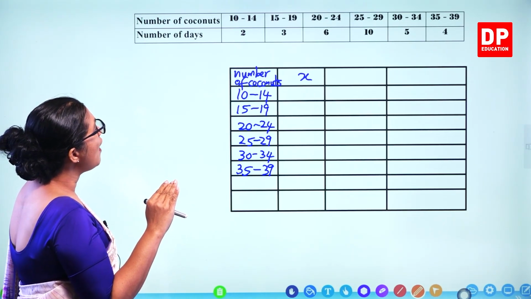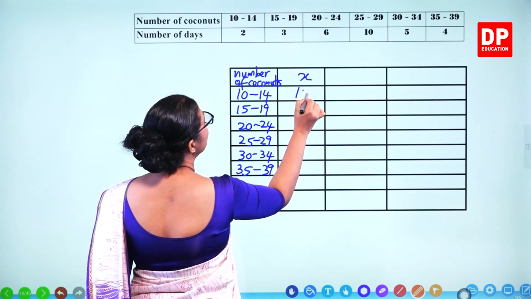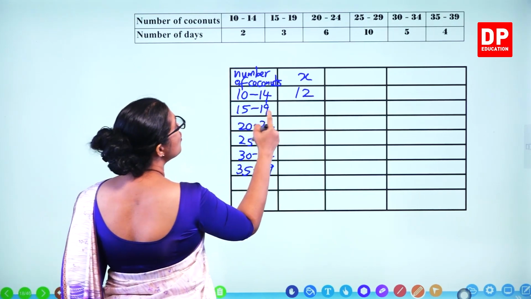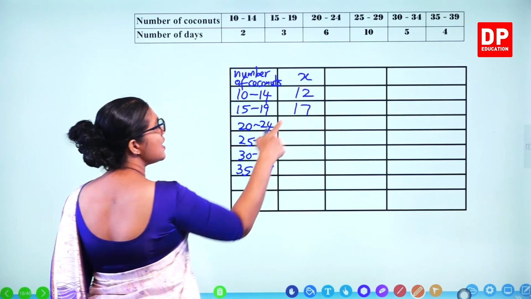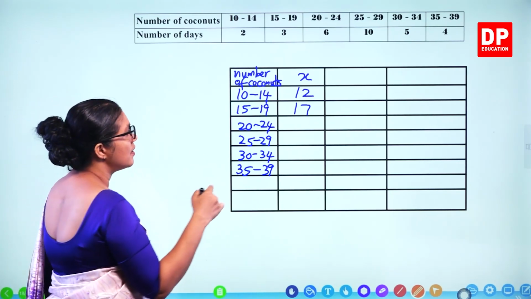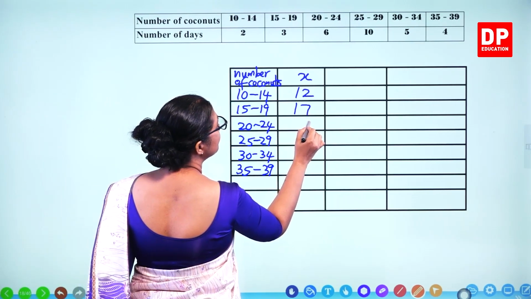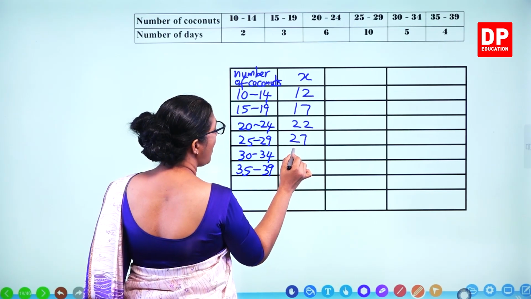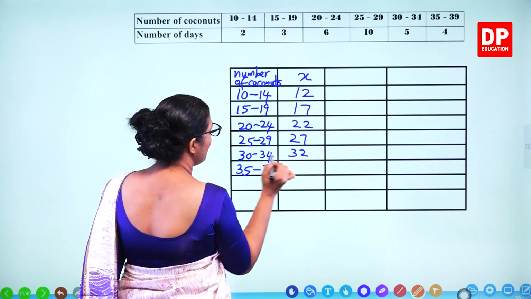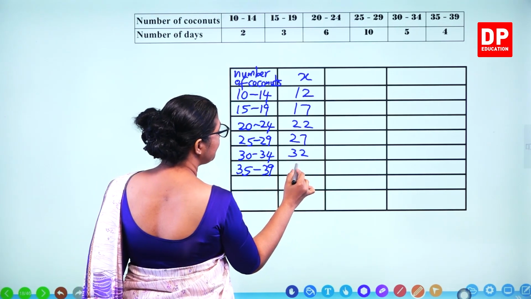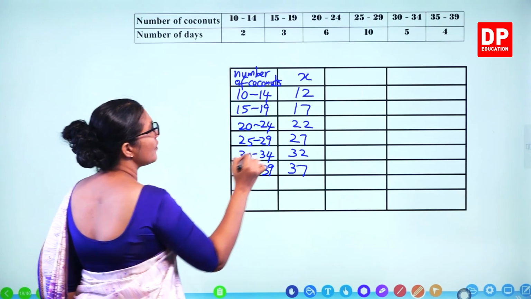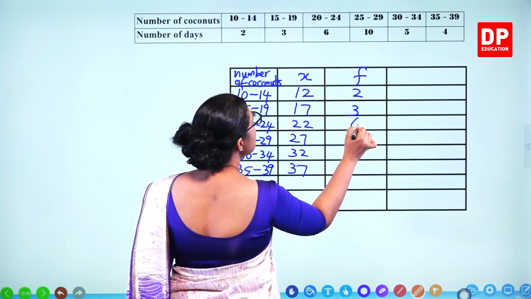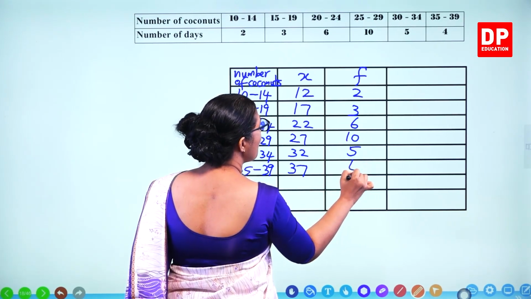So 24 divided by 2, 12. 34 divided by 2, 17. Now we can see a pattern, adding 5. So add 5, 22. Add 5, 27. Add 5, 32. Add 5, 37. Now the frequencies given are 2, 3, 6, 10, 5, 4.